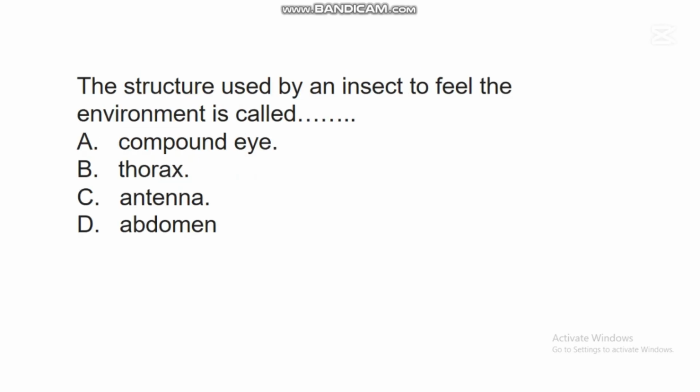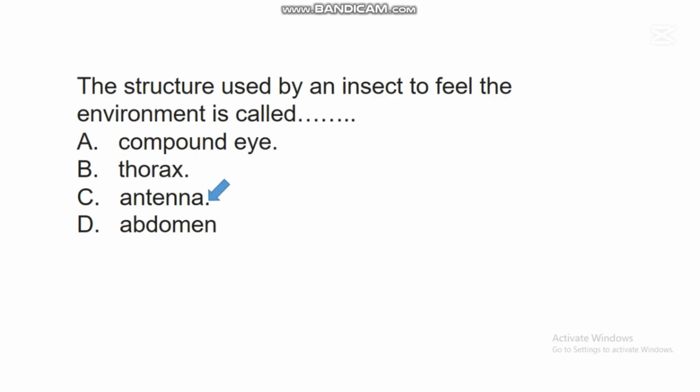The next question says, the structure used by an insect to feel the environment is called dash. A. Compound eye. B. Thorax. C. Antenna. D. Abdomen. In this question, the correct answer is C. Antenna. This antenna is a structure in insects that it uses to feel the environment.